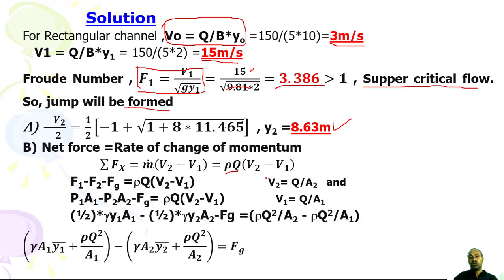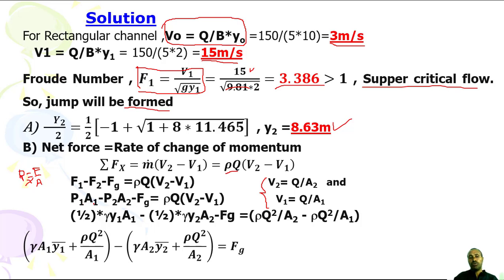We know the continuity equation, V equals Q over area, Q over A2, Q over A1, which you will substitute. Force is equal to pressure times area, because pressure is force over area. So instead of force, you can write the pressure force multiplied by area, P times area.